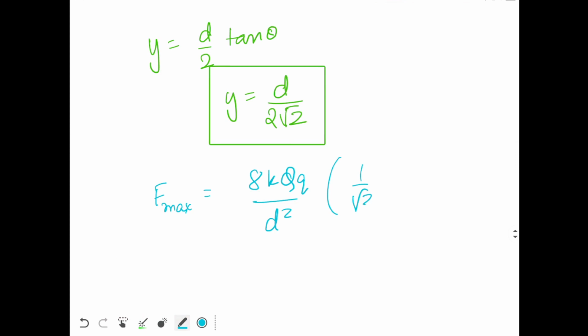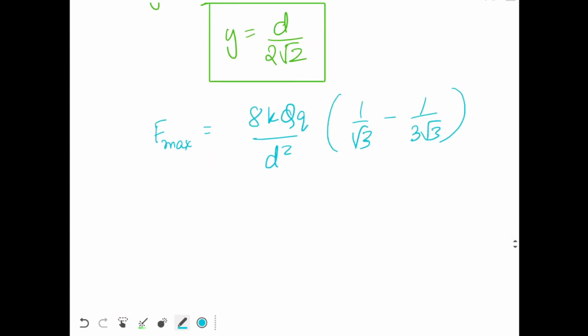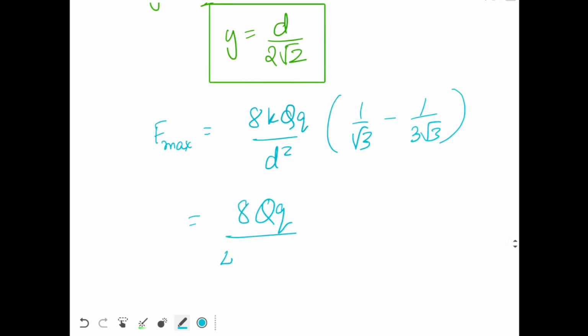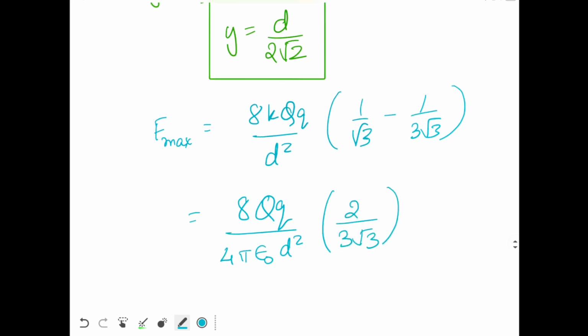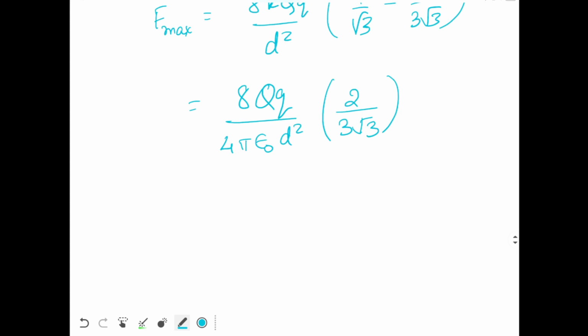So sin theta is 1 by root 3, minus sin cube theta, which is 1 by 3 root 3. Put the value of k as 1 by 4 pi epsilon naught. So 8Qq by 4 pi epsilon naught d square times 2 by 3 root 3. So F max will be 4Qq by 3 root 3 pi epsilon naught d square.